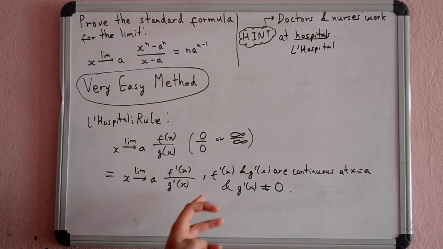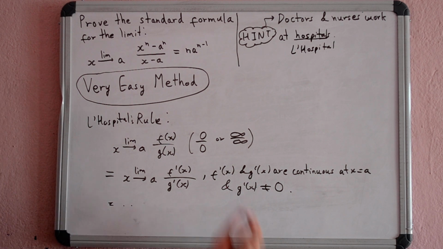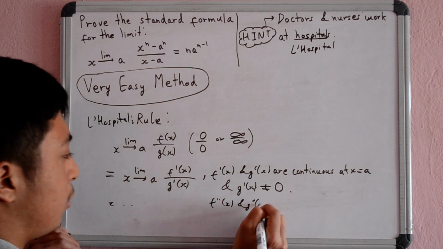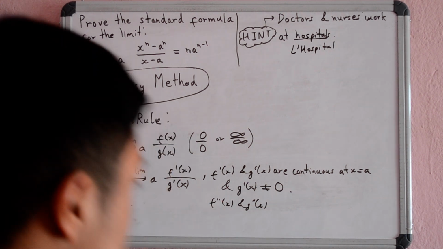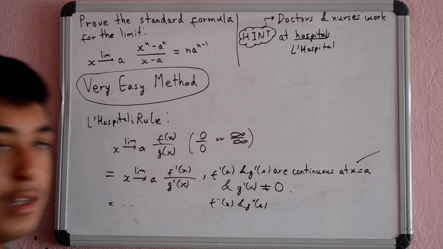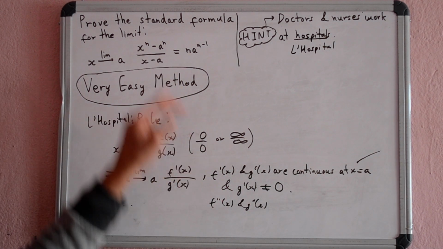So that is it. And of course you can continue forever and forever. That means you can have double derivative, and yes, you can have double derivative, and you can do this as many times as long as you follow this rule, and you should in fact get the answer. So let's just apply it for this limit over here.